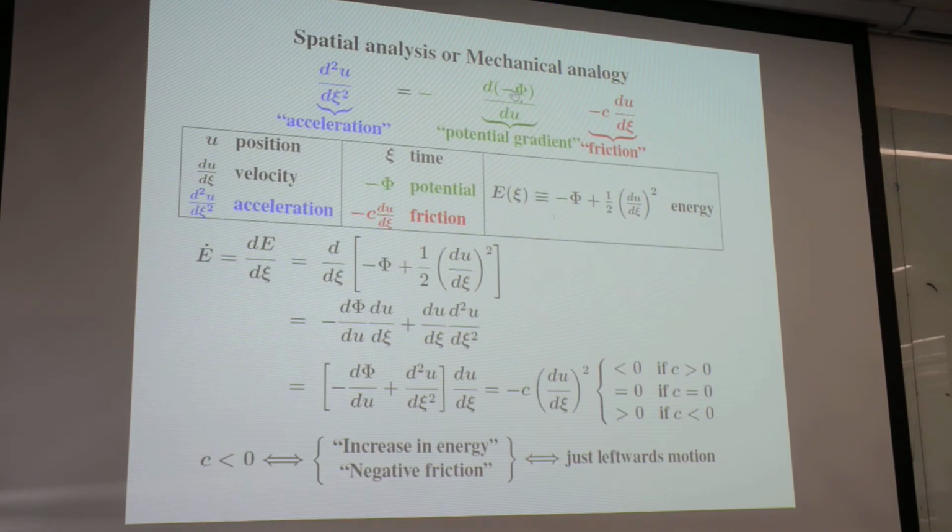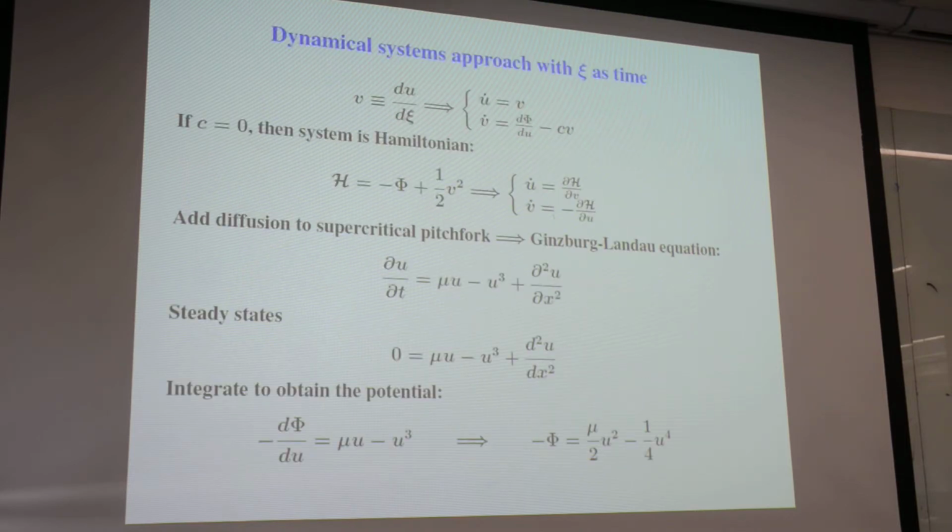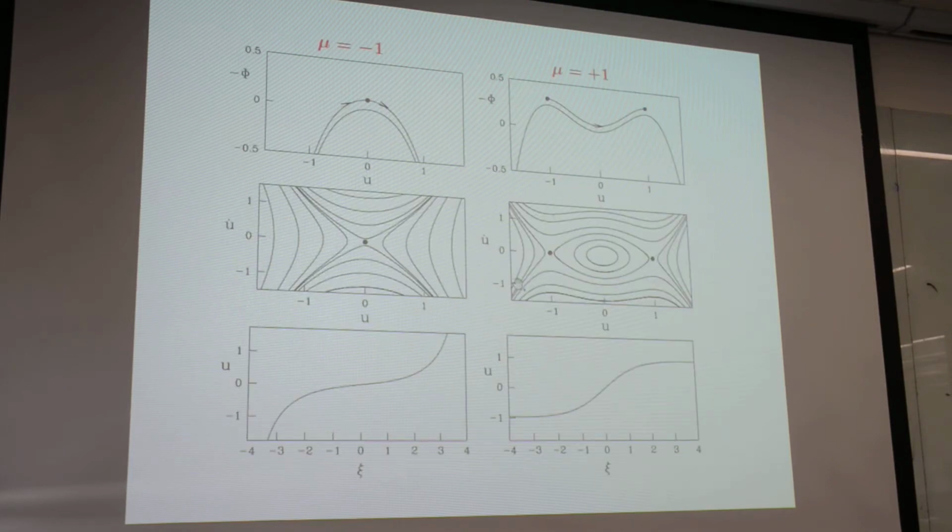We wrote that here. Minus phi is our potential so that we can go downhill, otherwise we're going uphill, and that would be weird. So minus phi is our potential, and minus phi is minus u fourth. So here it is, here's a minus u fourth like this.